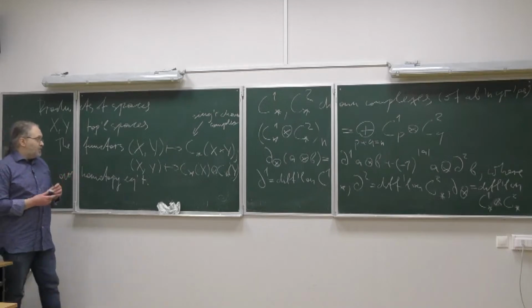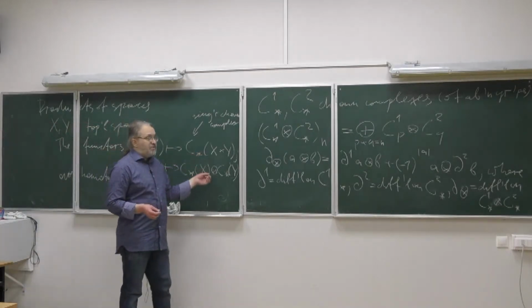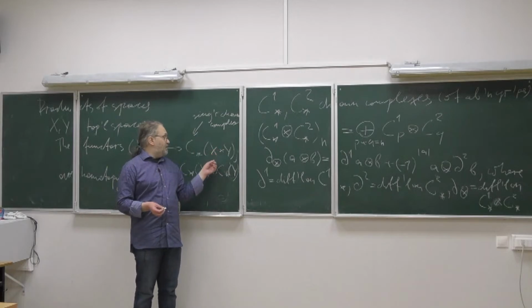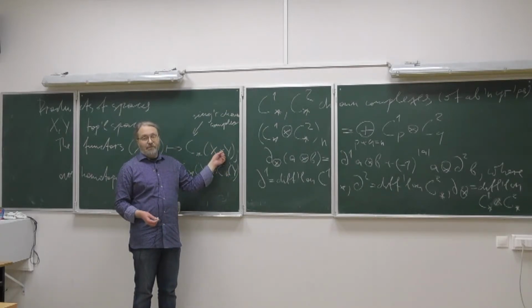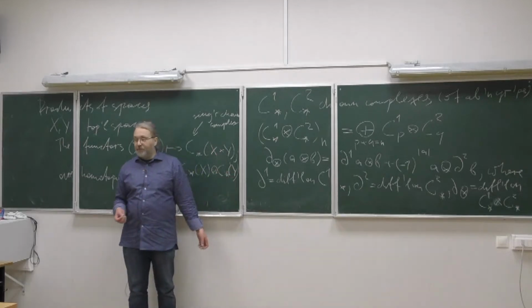Well, first of all, we need to have natural transformations going in both directions, namely a natural transformation from the first functor to the second, and vice versa, from the second to the first.